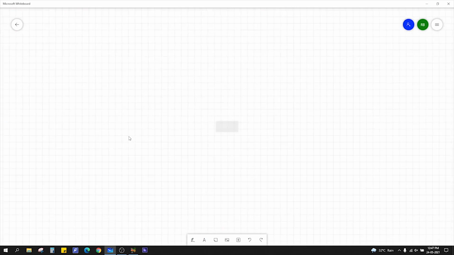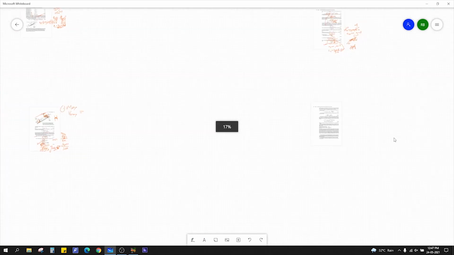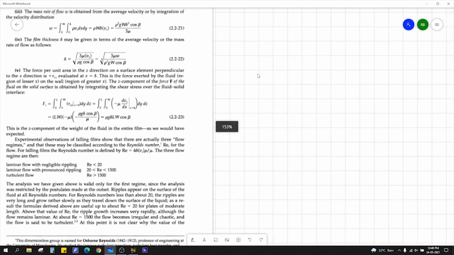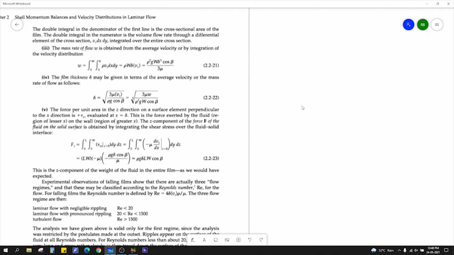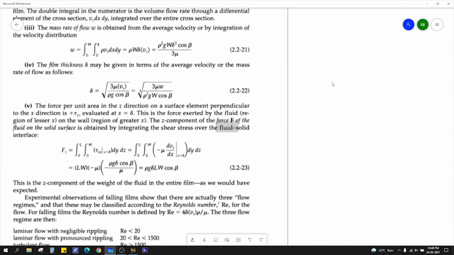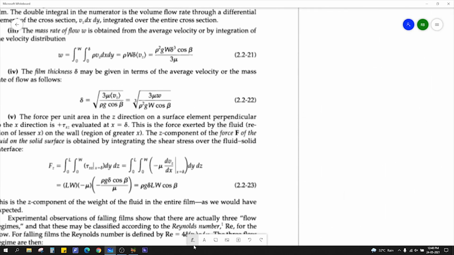Next we will find the mass flow rate. What is the general formula for mass flow rate? It is nothing but rho u A, right? Yes or no?